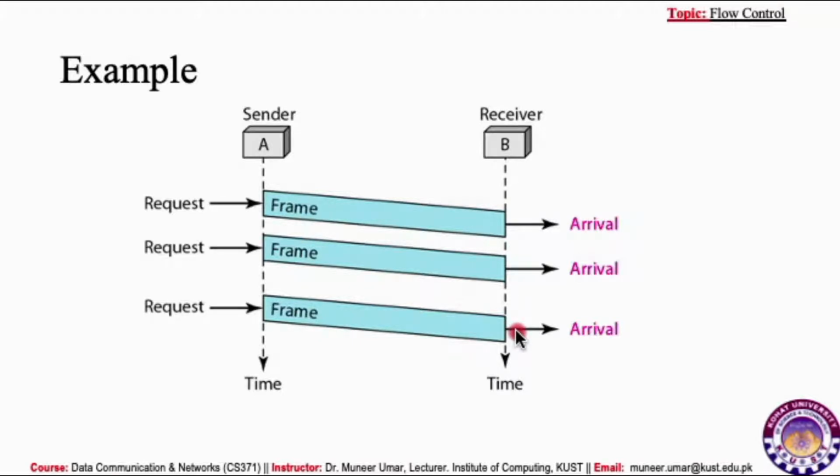Note that the data frames are shown in tilted boxes. These are not straight; they are actually tilted because of the time difference between sending and receiving. Some time is consumed here, that's why they are not straight.